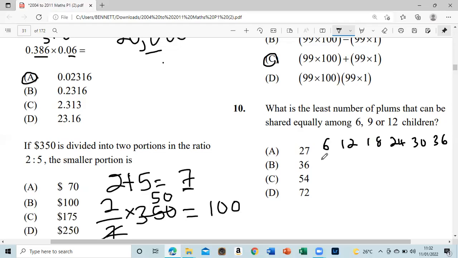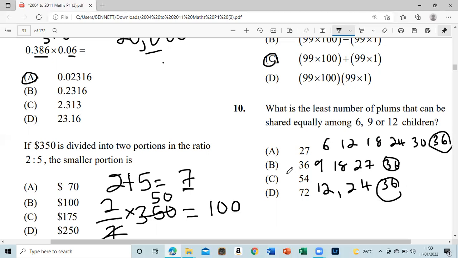All right, so we have now multiples of 9: 9, 18, 27, 36. Multiples of 12: 12, 24, and 36. So our answer would be 36, all right? That's the least. So in other words, it's the lowest common multiple, all right? So 36 would be B.